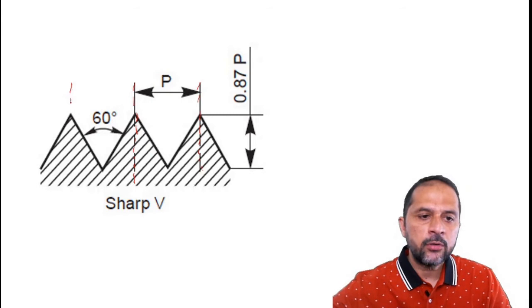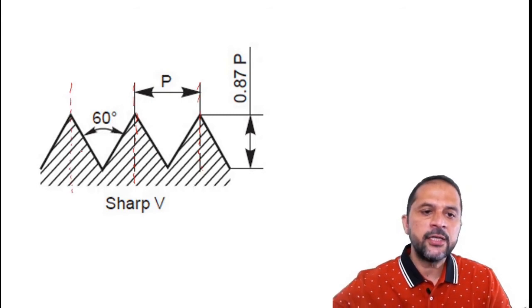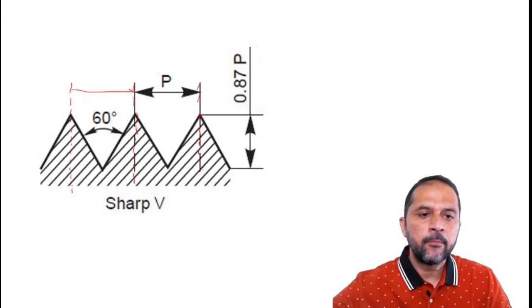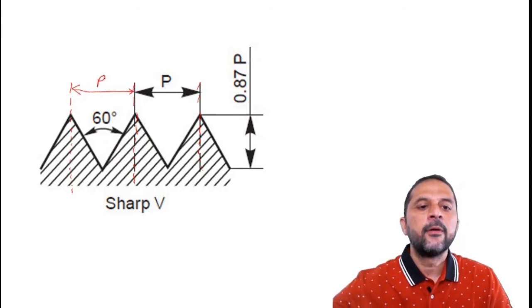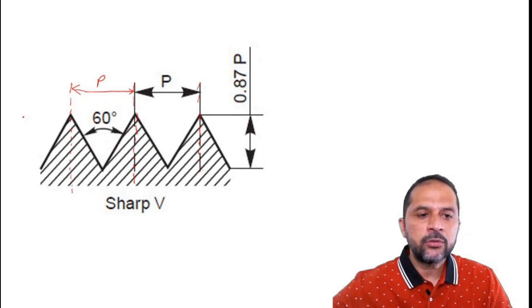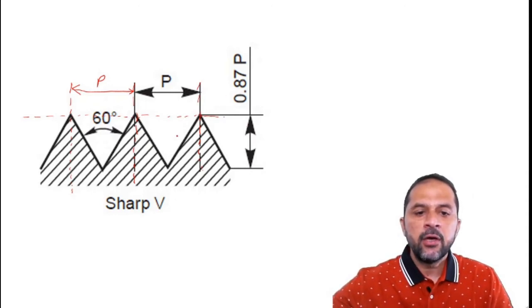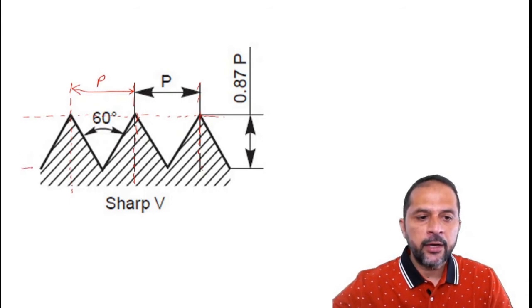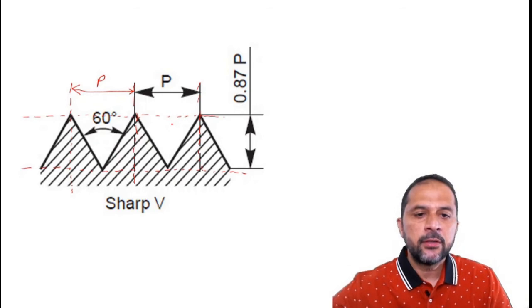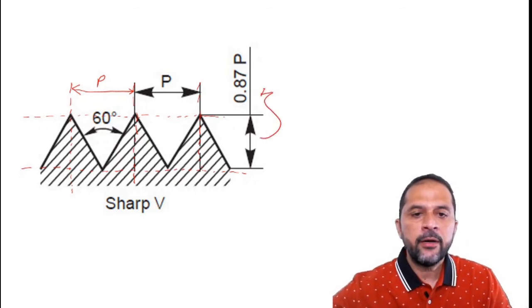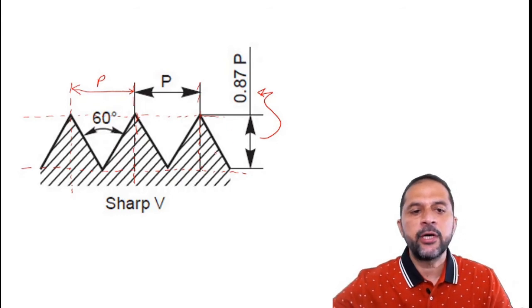Then we can draw a very light horizontal line just for guidance, and at the distance 0.87 P we draw another horizontal line like this, so that this distance, the height, is 0.87 P.